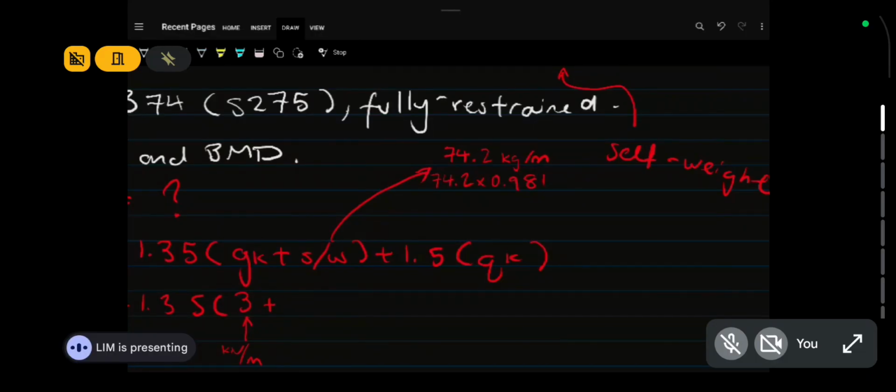Double check. 9.81. But 9.81 gives you what? 9.81 gives you Newton, right? Yeah. All right, so 9.81, but it gives you Newton, I think.